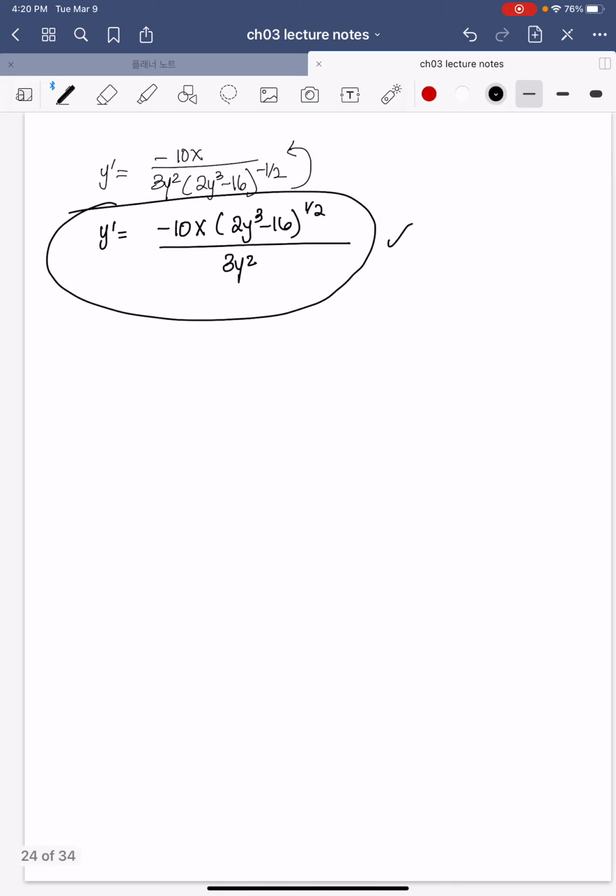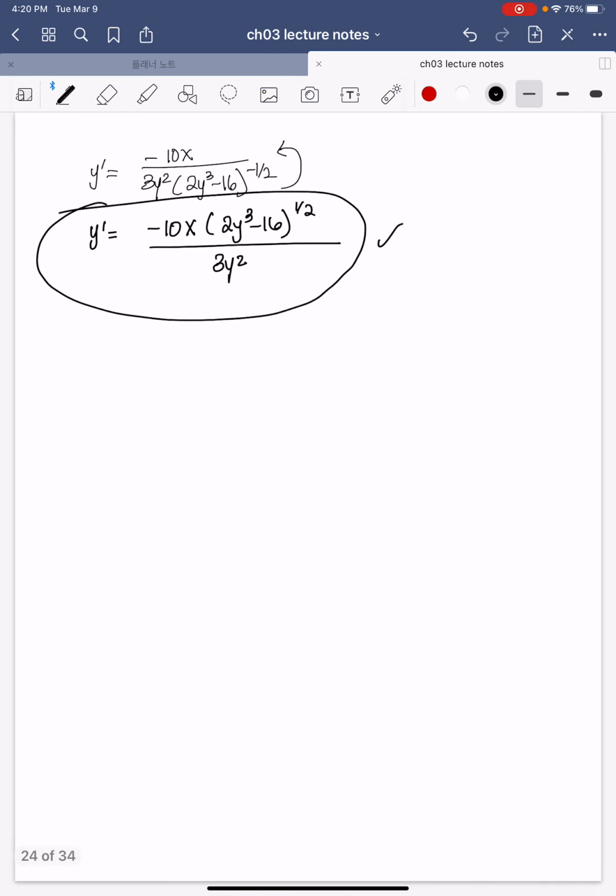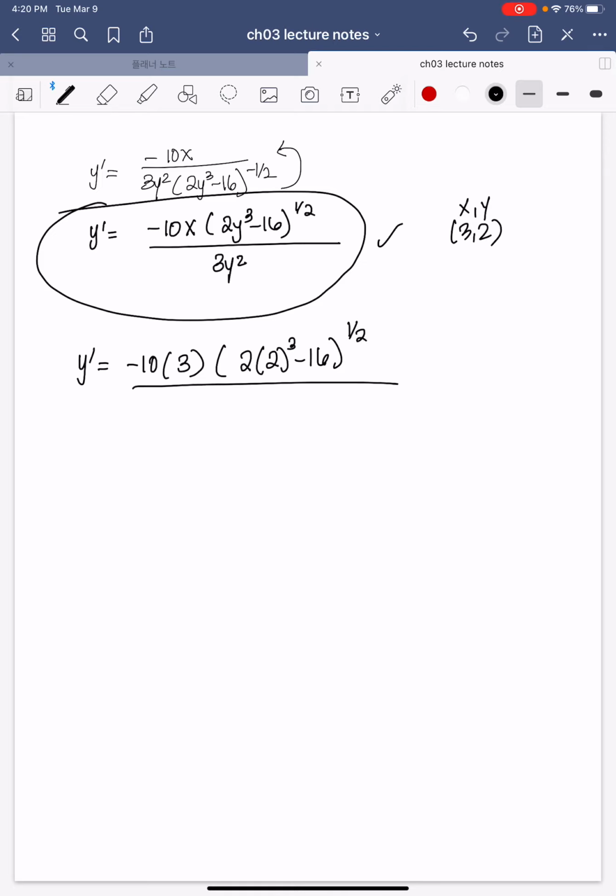Now we need to find the tangent line to the graph of the equation at the indicated point (3, 2). So that's your x, and this is your y. So y prime equals negative 10 times 3 times (2 times 2 cubed minus 16) raised to 1/2, over 3 times 2 squared.